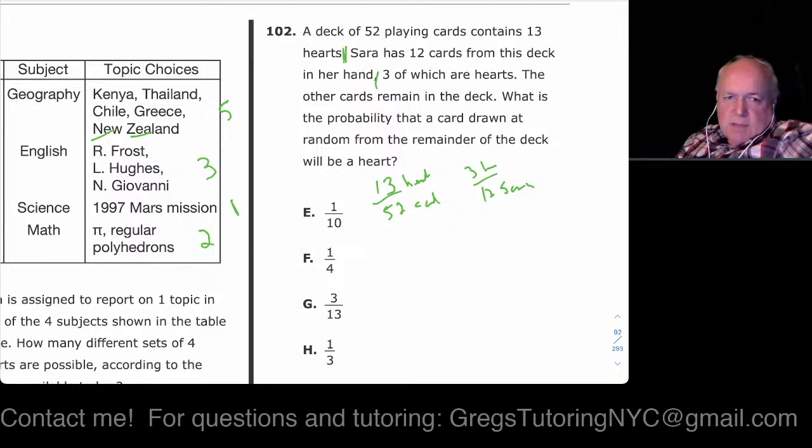The other cards remain in the deck. Okay, what is the probability that a card drawn at random from the remainder of the deck will be a heart? So first of all, if there's 52 cards and we take the 12 out that Sarah has, there's 40 cards left, right?